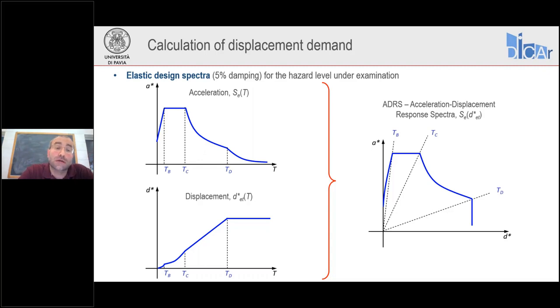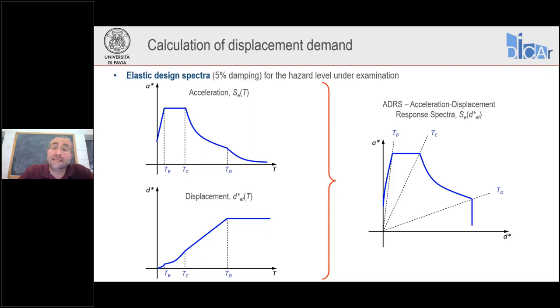We can also associate, for each period, the spectral acceleration and the spectral displacement. And in this case, we find what we have here on the right-hand side of the slide, the spectrum in the so-called ADRS format. You see, in this case, we have on the horizontal axis the spectral displacement, and on the vertical axis the spectral acceleration.